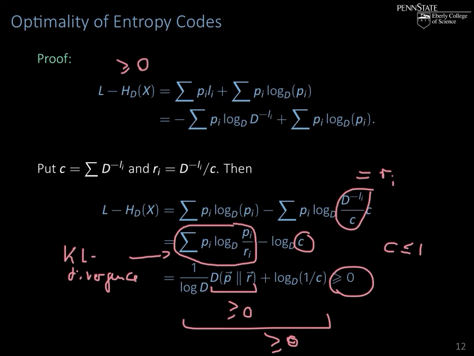And it also follows from the results about the Kullback-Leibler divergence that this is 0 if and only if the distributions are equal, right? And this in turn yields the second statement of the theorem, namely that we get equality, L is equal to H_d(X), if and only if our d to the minus li distribution here is equal to the pi's.